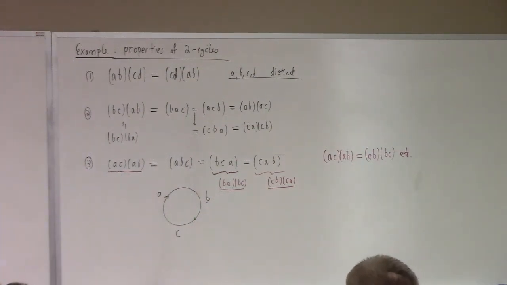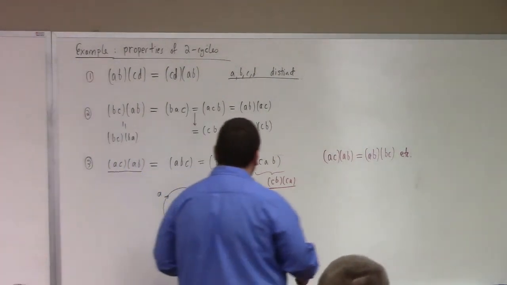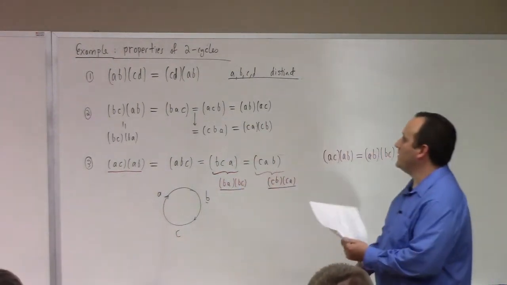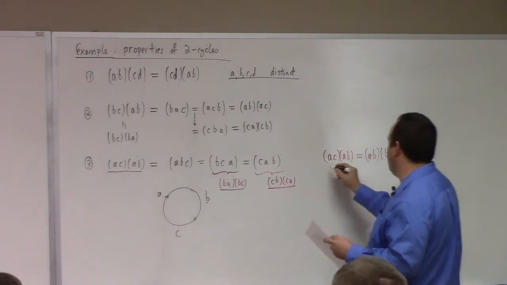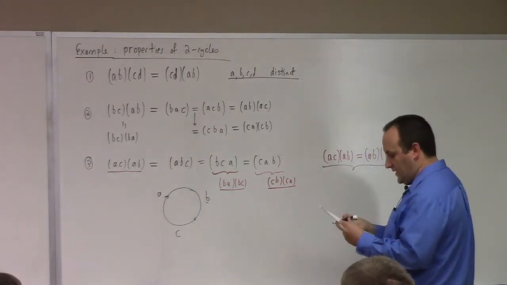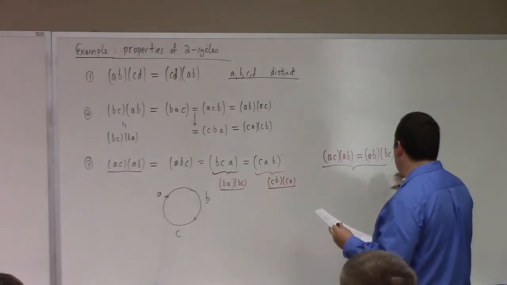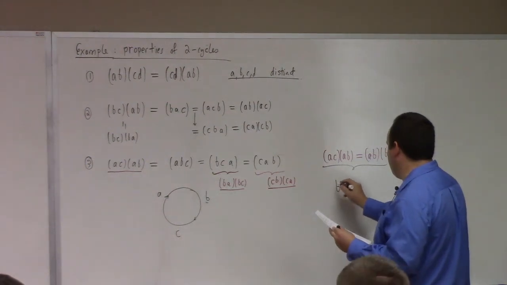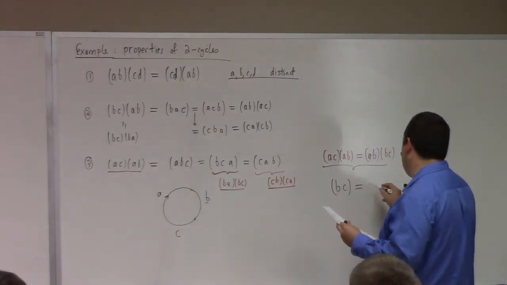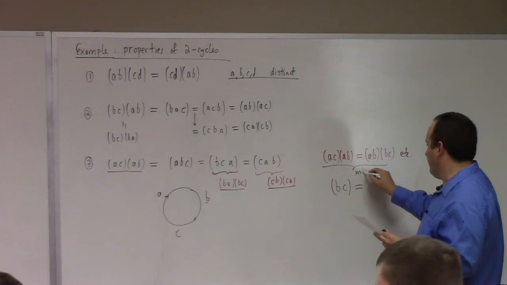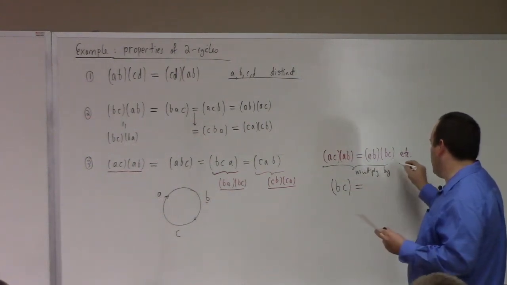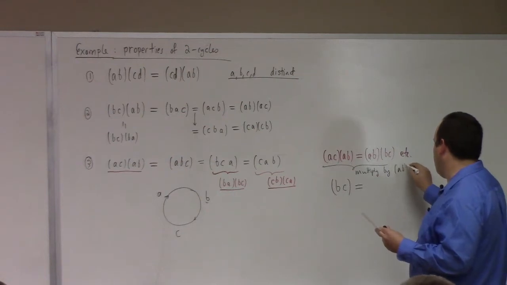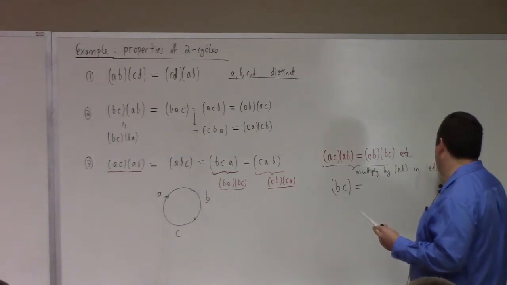You can also solve for, we could solve for like for this one, for example. Suppose I wanted to solve this for BC. I could do that, right? What would BC equal to? So multiply both sides by AB on left, right?